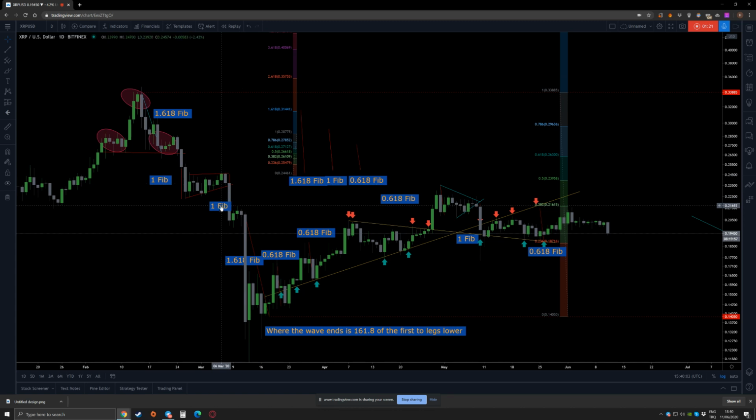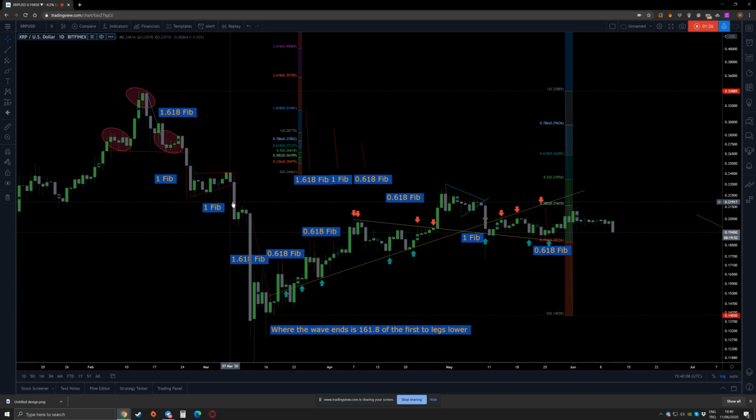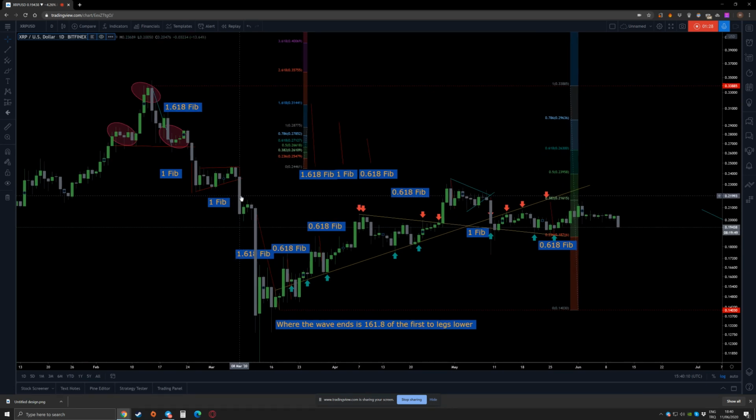So what I did here, for example, is take the length of this broken pennant, measure it, and call it 1 fib, so it's like 100. Then I also took 0.618 of this length and 1.618 of it, and I saw some interesting results.